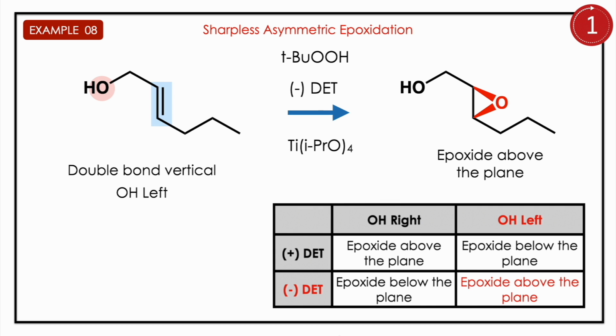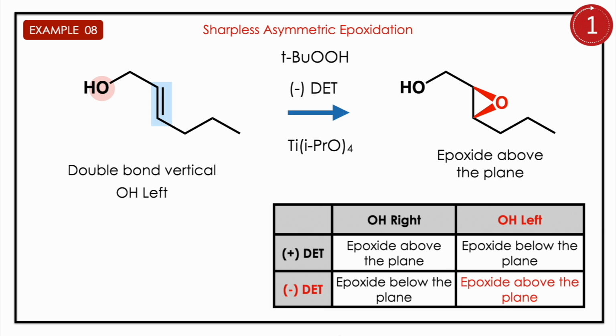Here you have allylic alcohol, peroxide, minus DET, titanium isopropoxide, which means Sharpless Asymmetric Epoxidation. So for allylic alcohol, the position of OH is important. The double bond is already vertical. OH is on the left side. You are using minus DET.